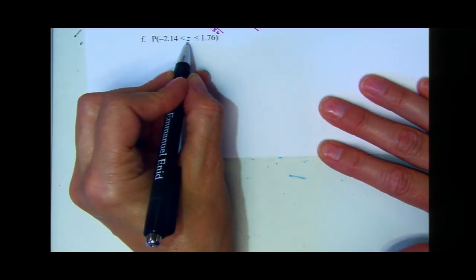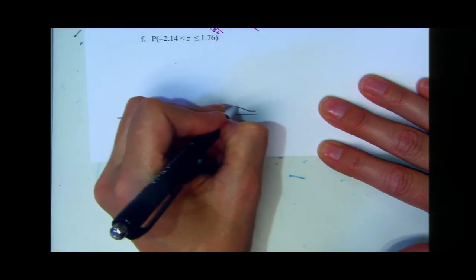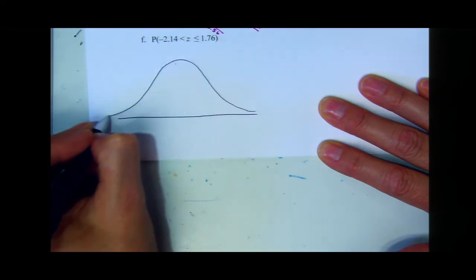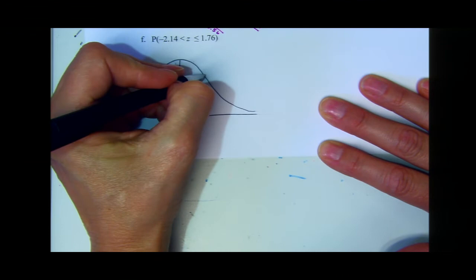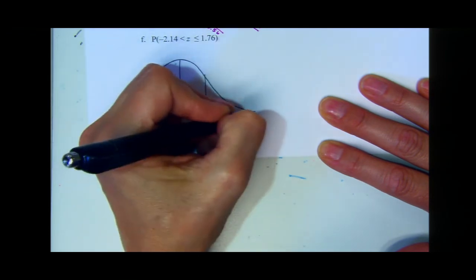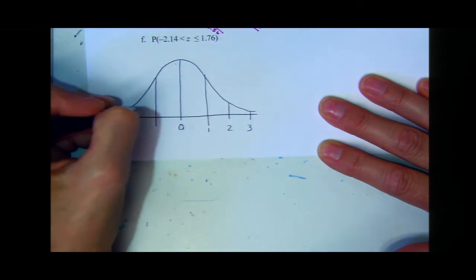So we have a z value between two numbers. So we have a positive and we have a negative.